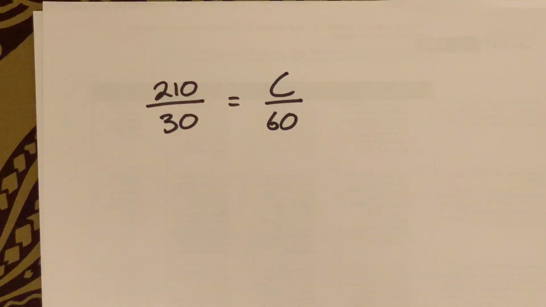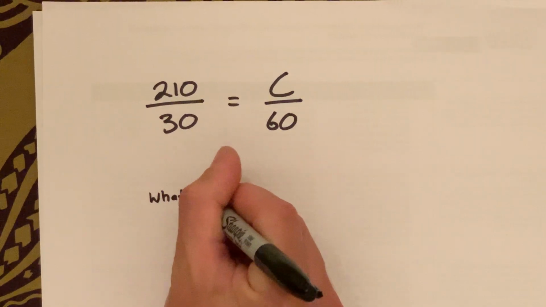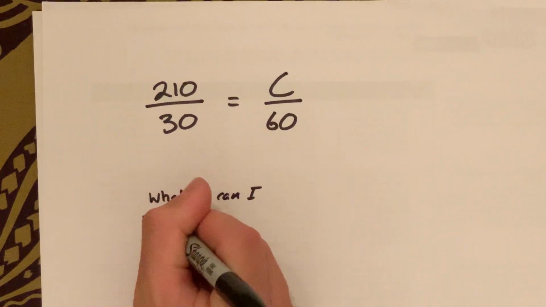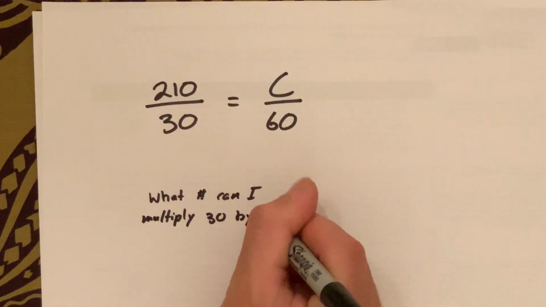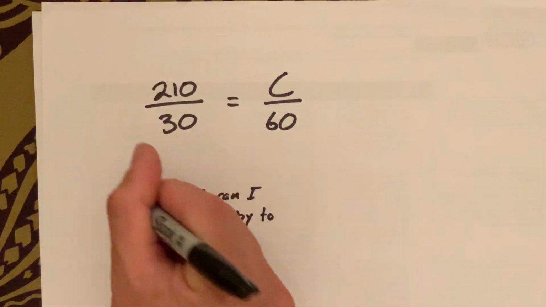One of my values is missing. I have a variable. So I have to ask myself, what number can I multiply 30 by to get 60?